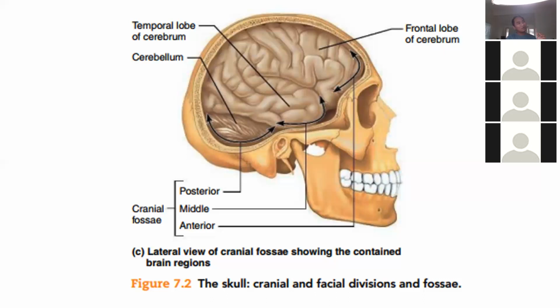And in the temporal bone, we have the temporal lobe of the brain. Temporal lobe, parietal lobe, frontal lobe, occipital lobe. And we have something we have to remember, the cerebellum. Don't worry about these because they will come back in the neurology lecture.